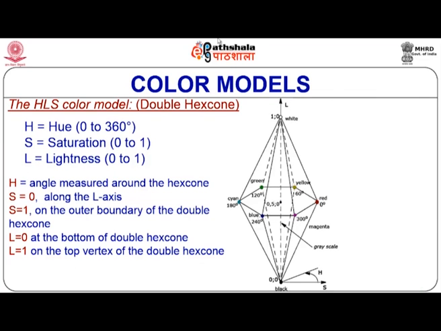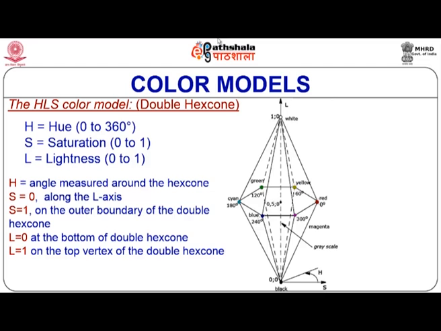The last color model is the HLS color model, which is simply an extension of the HSV color model, where we extend the hex cone on the upper side. We invert the hex cone and put another hex cone on top, so it is called a double hex cone.